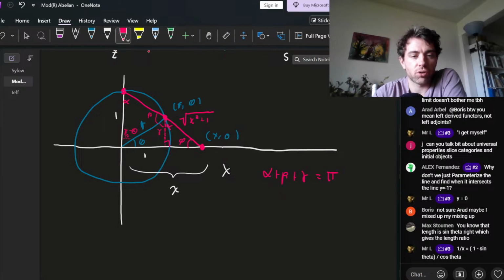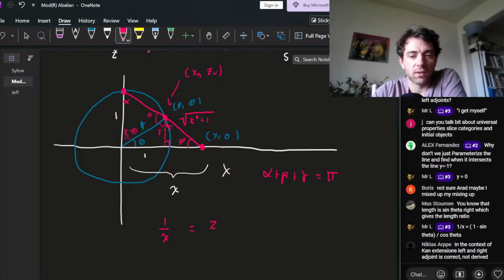So the ratio of, say, 1 to x from the big triangle should be the ratio. I called it x, but really let's say the x naught, z naught. So then that should be the ratio of z naught to, but we don't know this x distance here.